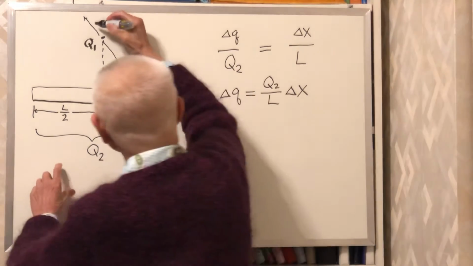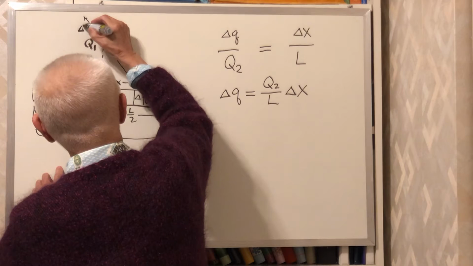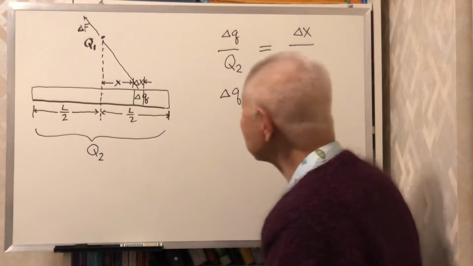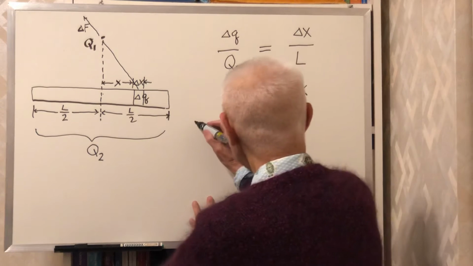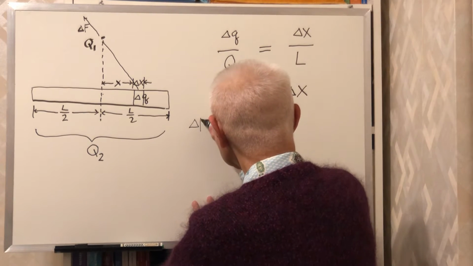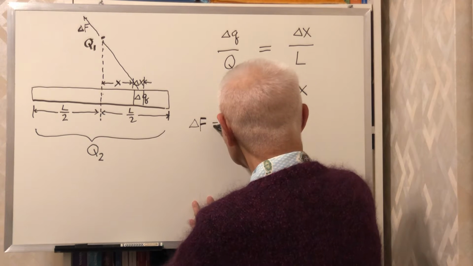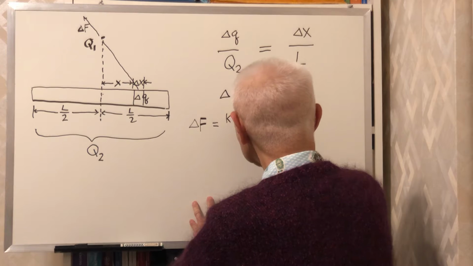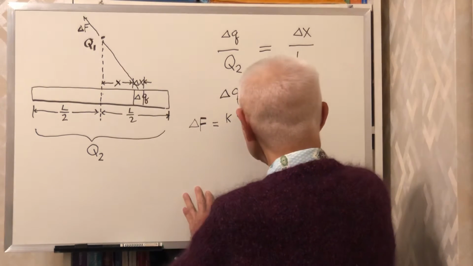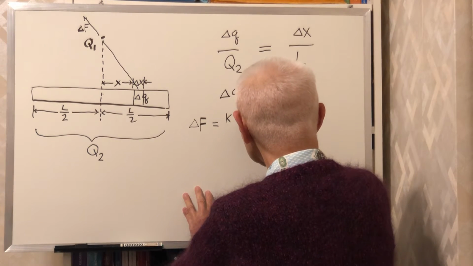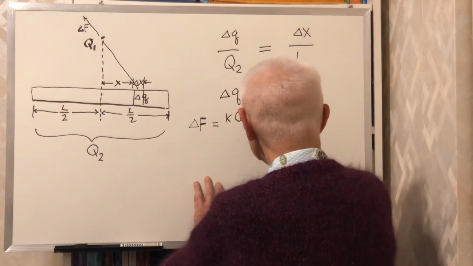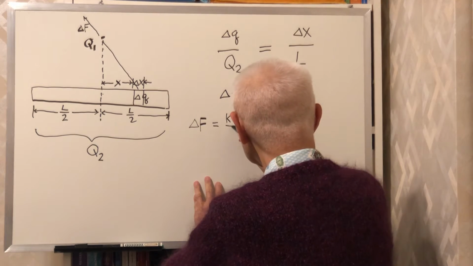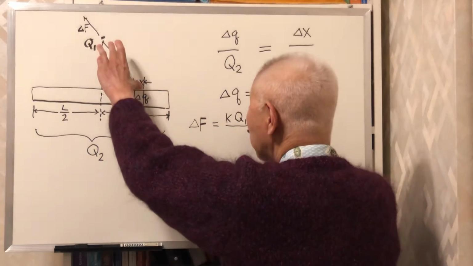So call this delta F. Delta F, Coulomb's law: Q1 delta Q divided by the square of this distance.